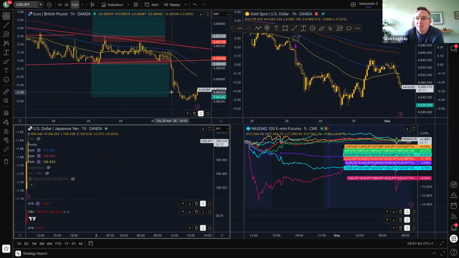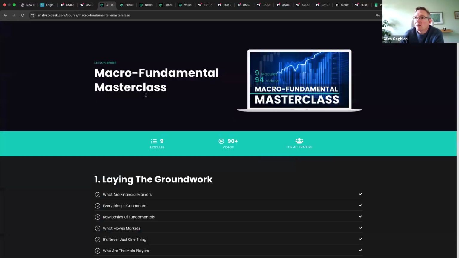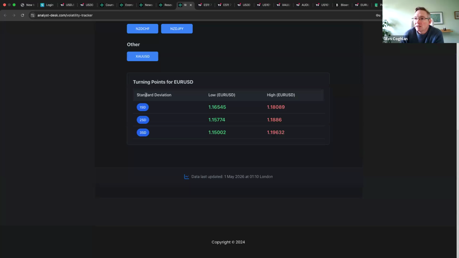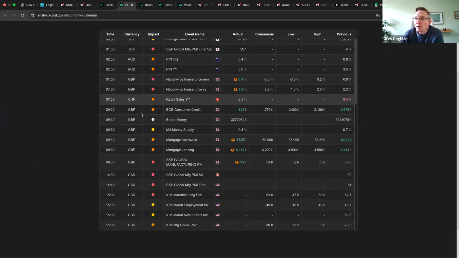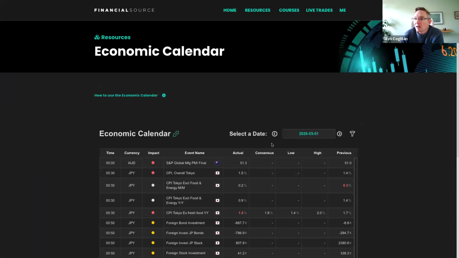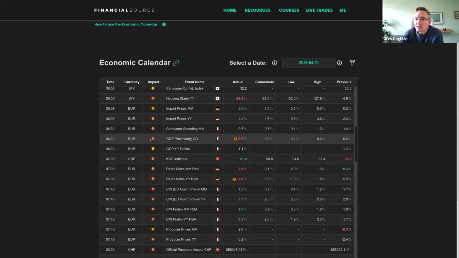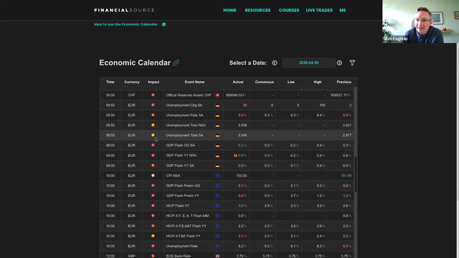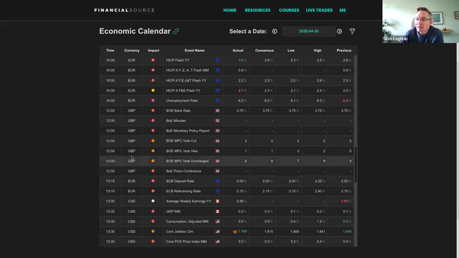Now, we also had the ECB and the Bank of England meet yesterday. With the interest rate decision, it was billed as slightly more hawkish. I don't really think it is, but you've got this element here where Pill voted for a hike, but you can see that the consensus was one person would vote for a hike.